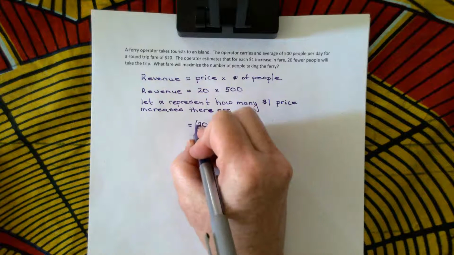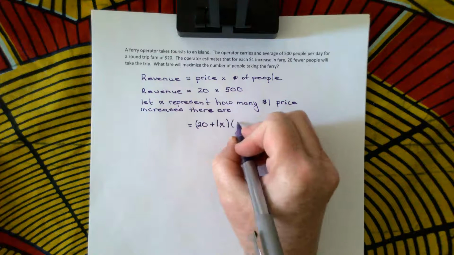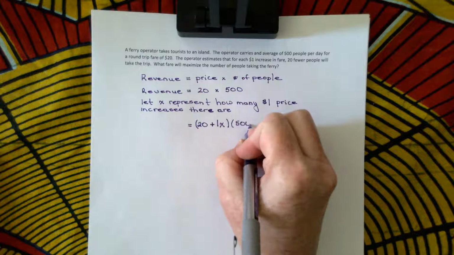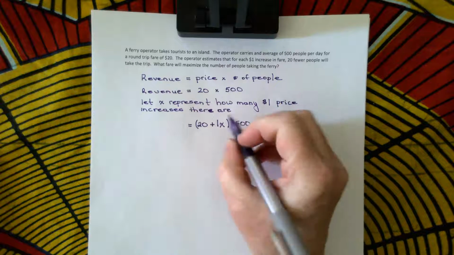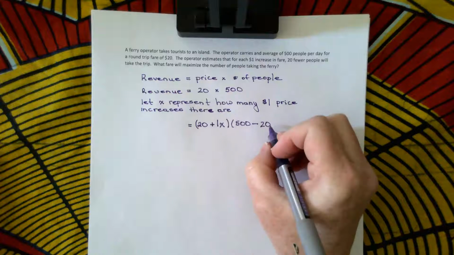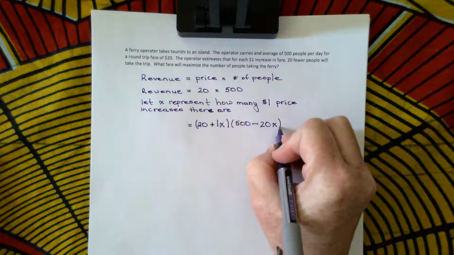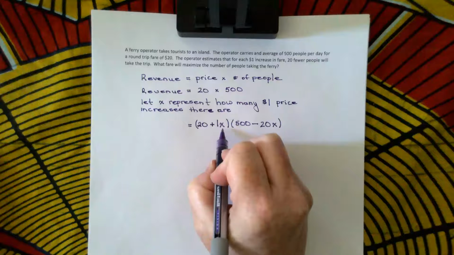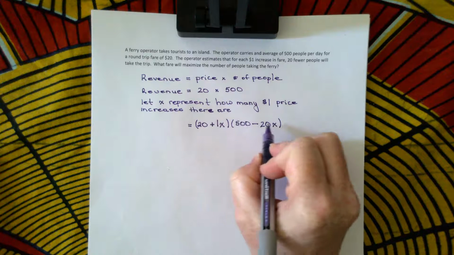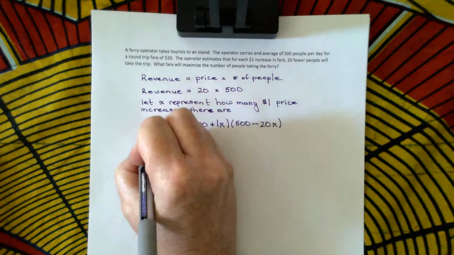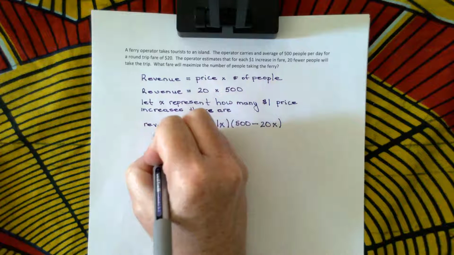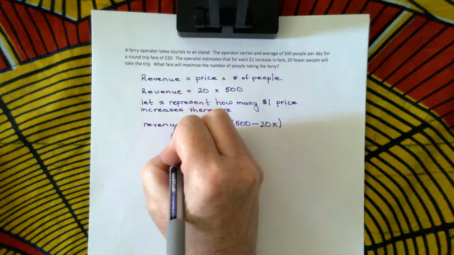And then our number of people, well, we started out with 500, and we're going to decrease that by 20 people every time we increase the price by $1. So once we know how many times we increase the price, then we'll know how many times to decrease the number of people by 20. And that's just going to equal our revenue.